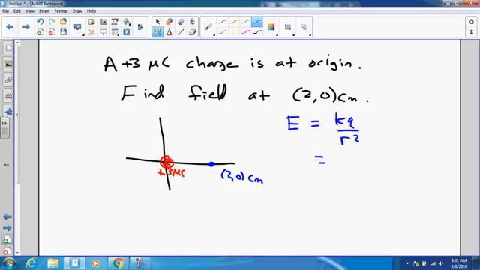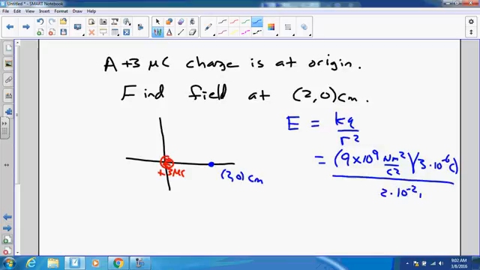So micro is 10 to the -6, and centi is 10 to the -2. So I've got to watch out for both of those. Times 3 times 10 to the -6 coulombs over 2 times 10 to the -2 meters, and that's squared.